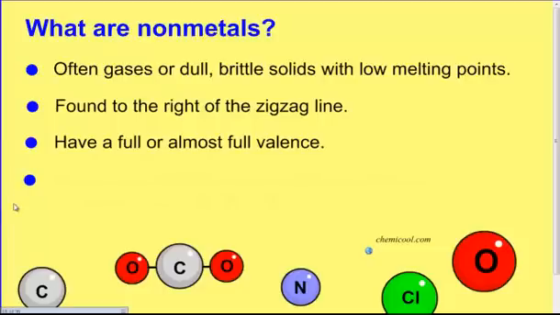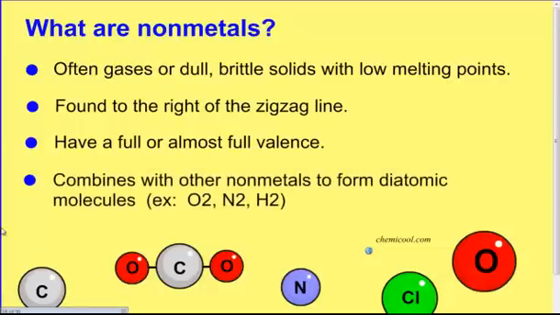You'd have to recall from your memory the SPD orbitals. Remember that the first orbital fills at 2 electrons, the second fills at 8, and the third can fill at 8 as well. Nonmetals also combine with other nonmetals to form diatomic molecules. Only nonmetals do this.